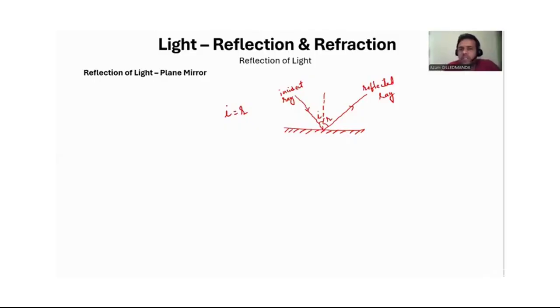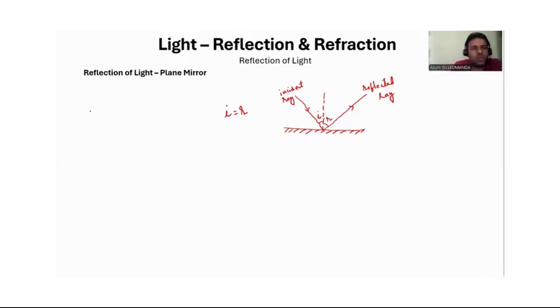Same medium means whatever it is; if it is air surrounding that mirror, then the light gets reflected back into the air. So here we learned the incident ray and the reflected ray. The angle that the incident ray makes with the normal to the mirror is the angle of incidence, and the angle the reflected ray makes with the normal is the angle of reflection.